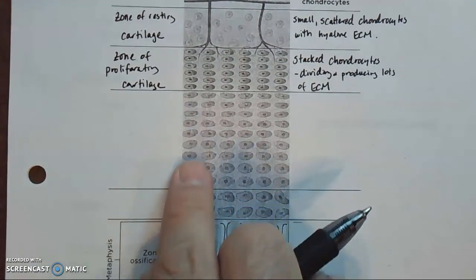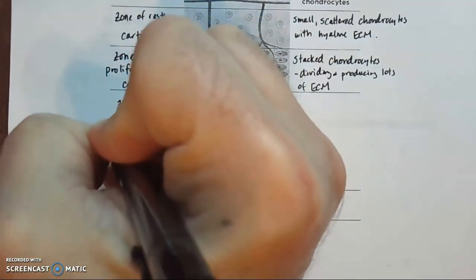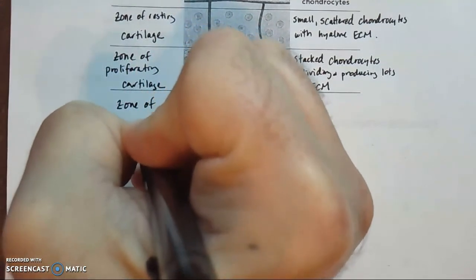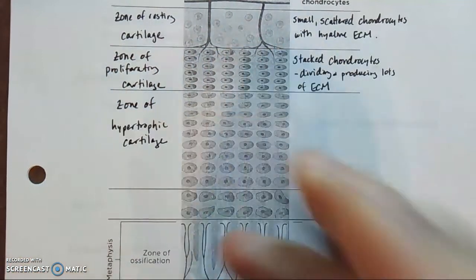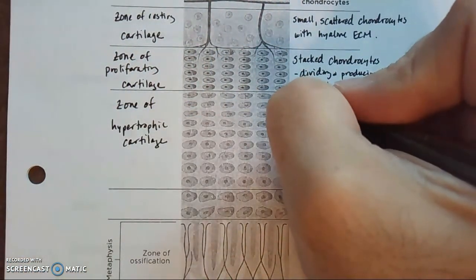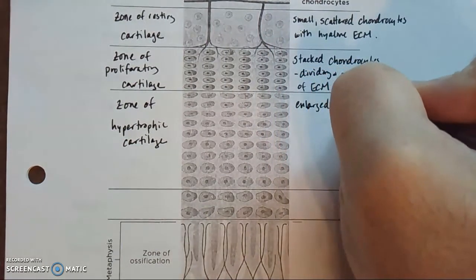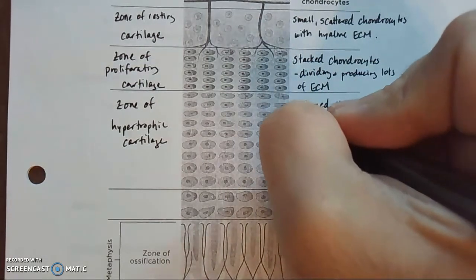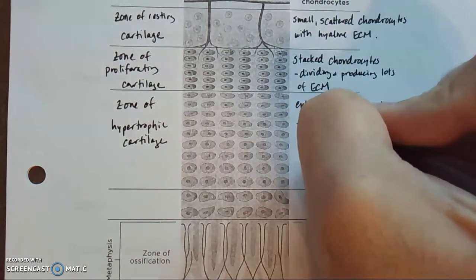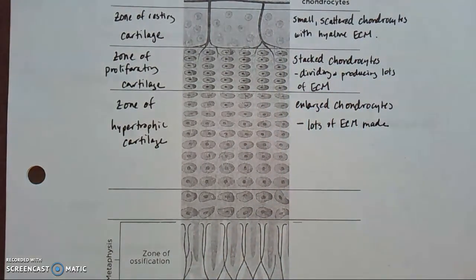Down below, we can see that this is called the zone of hypertrophic cartilage. So these are enlarged chondrocytes. We are having lots of ECM made. So this area hypertrophic means that they're getting really big.